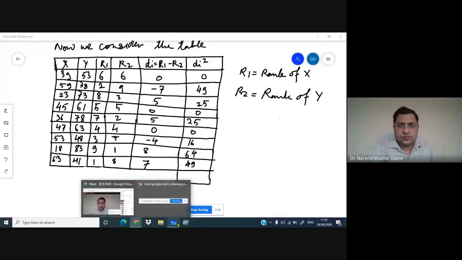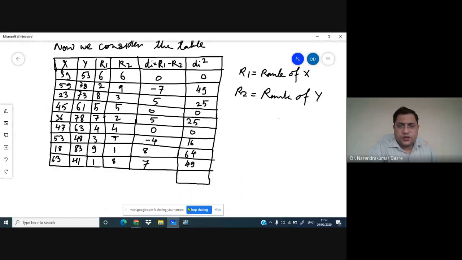I hope you are able to understand the table. So you understood the table? Yeah, that's good. So what is the value of summation di square you are getting?